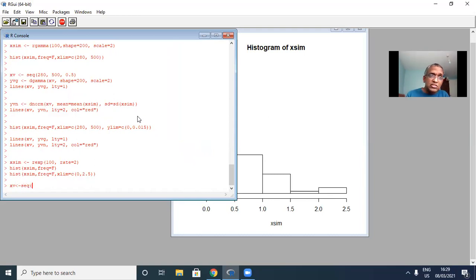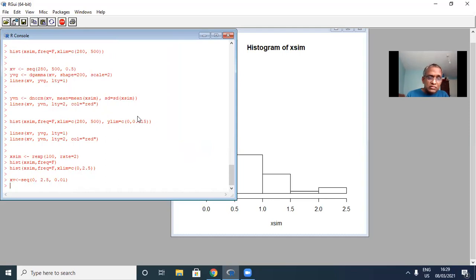So let me define a sequence from 0 to 2.5, say in steps of 0.01, and then let me define yv to be the density of the exponential at xv with the rate parameter equal to 2.